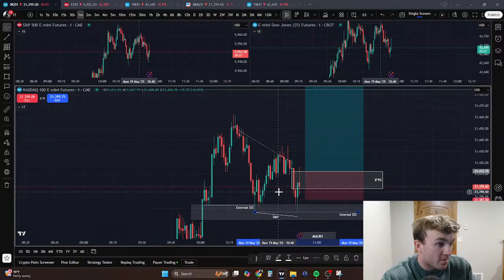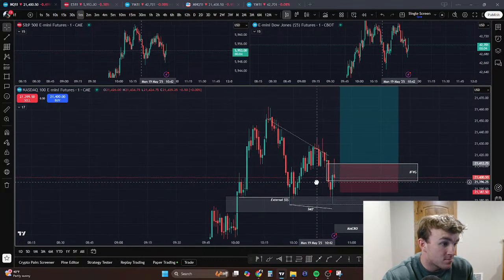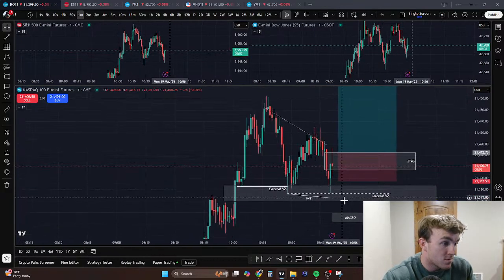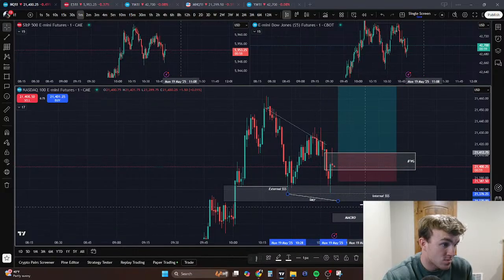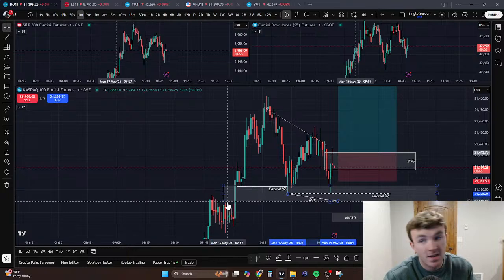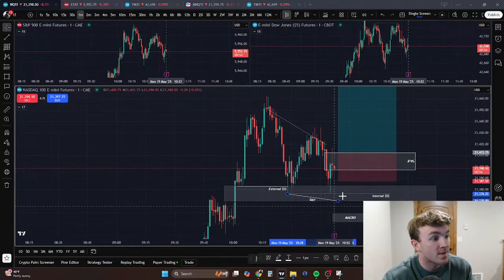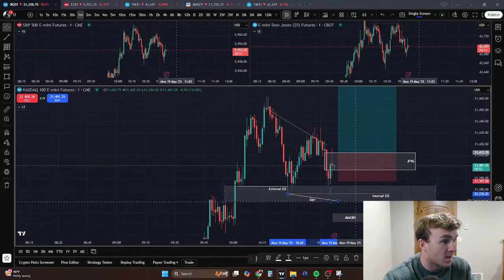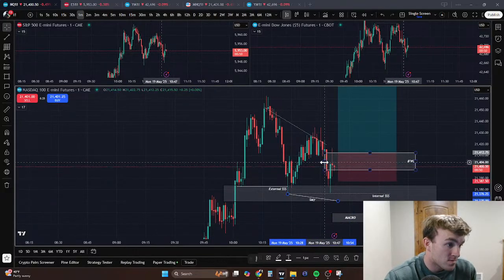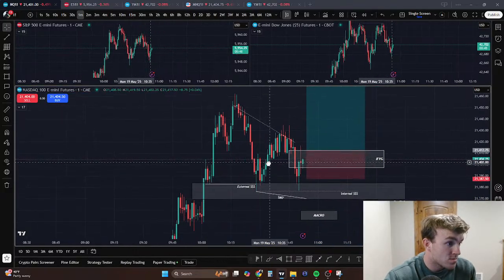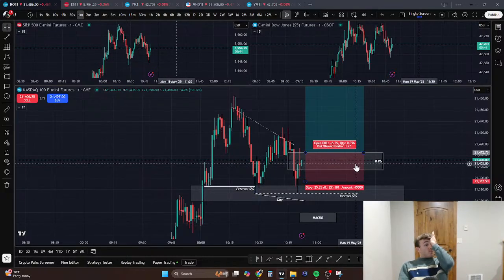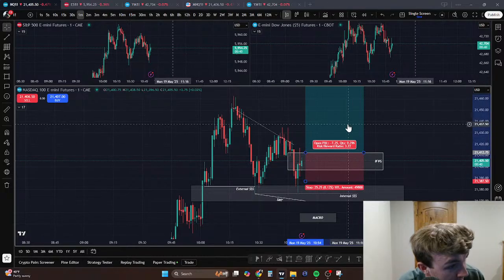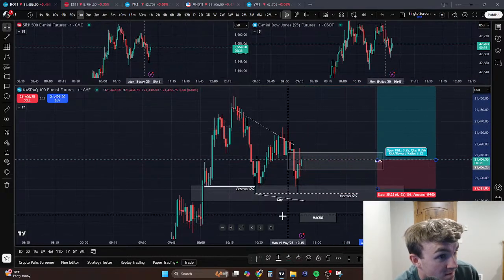But we are approaching the macro. And I really do want to see this low get taken because this is a 15-minute gap here, and I think we should go down to that 15-minute gap. So I'm not thrilled until we get that. I'm going to be waiting until we get the SMT.